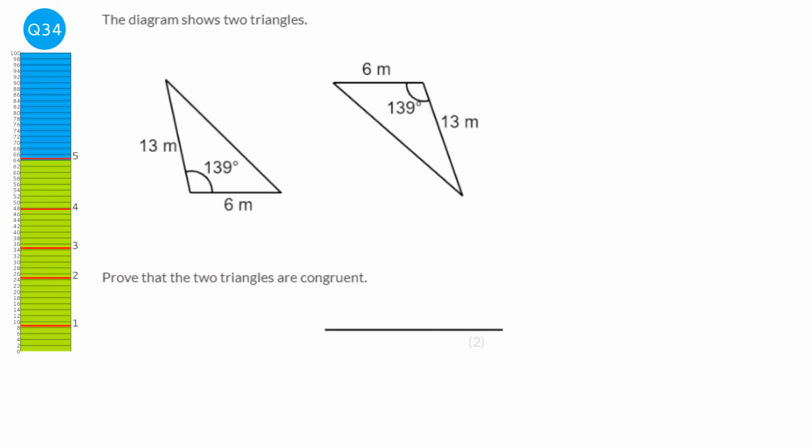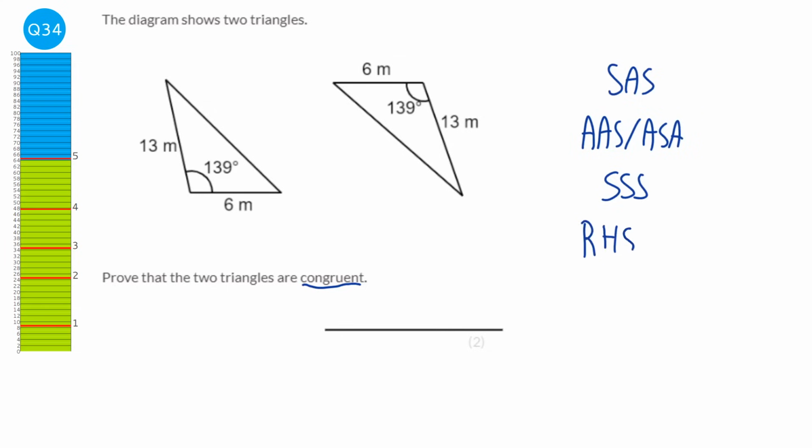When proving two triangles are congruent, and congruent means exactly the same, we're going to have one of 4 answers. Either side angle side is the same, angle angle side, or angle side angle. Side side side are the same, or they have the same right angle, hypotenuse and side. This question doesn't have a right angle, so we can cross that out. It has 2 lengths, so 2 sides, but not 3, so we can cross that one out.